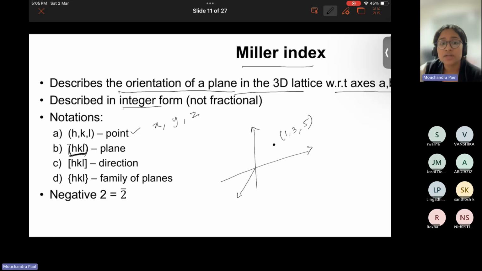Then for a vector, to represent the direction, you use a notation with square brackets. And when you have to represent a family of planes, not one plane but multiple planes, you use curly braces. So note, only the point notation will have commas in between, whereas the notation for plane, direction, and family of planes will have no commas. Only the type of bracket that you use is different.